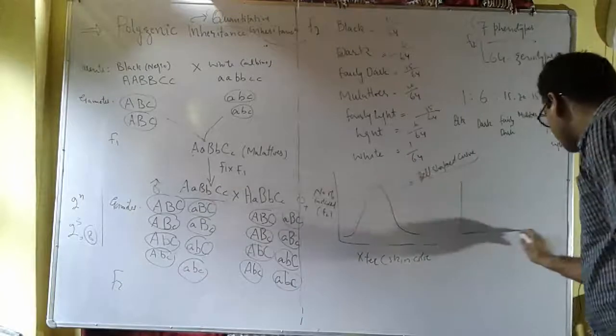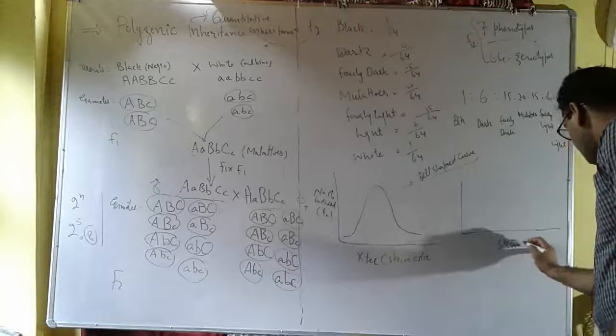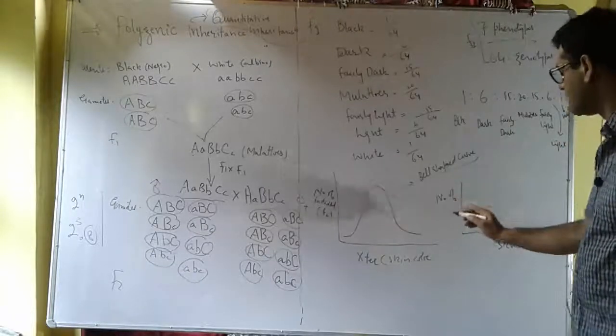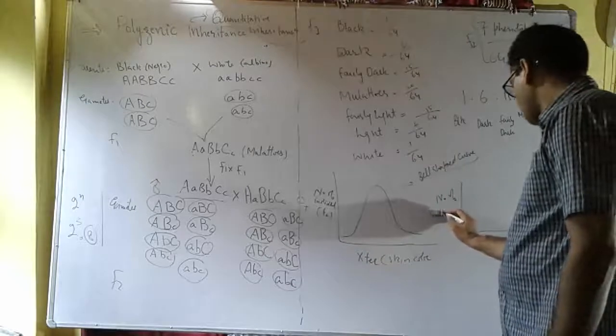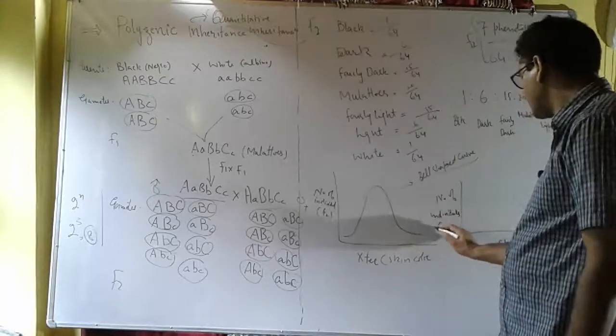Also we can make it by means of a histogram. So we have skin color, this is the character, number of individuals, relative frequency in F2 we can say.